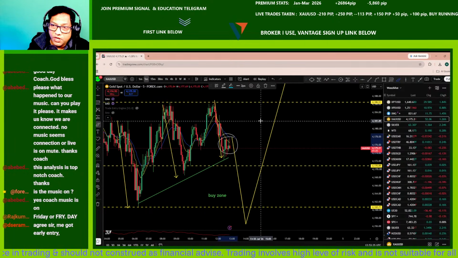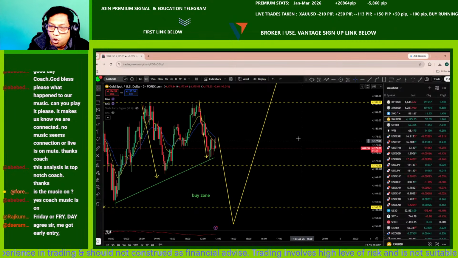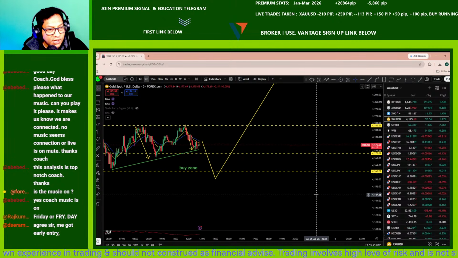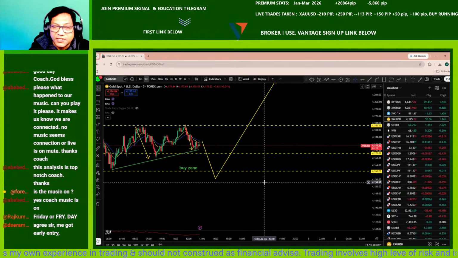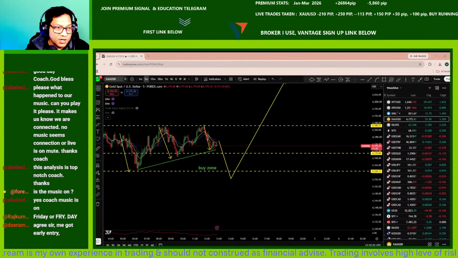This is a very important zone that we are looking at for the price action to break below, and with that break below it can create momentum as soon as we see the price action confirm. The next thing we need is patience, waiting patiently for that entry to come to us.